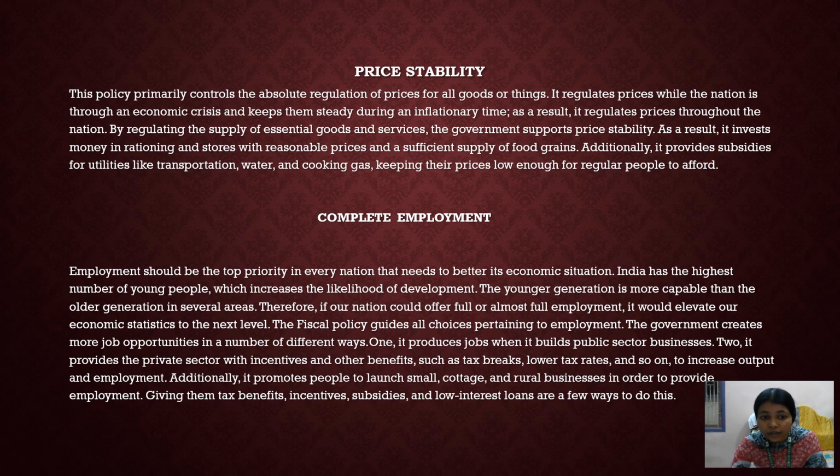The government creates job opportunities in a number of ways. It produces jobs by building the public sector and supporting the private sector with benefits such as tax breaks and lower tax rates. Additionally, it encourages people to launch small cottage and rural businesses by giving tax benefits, incentives, subsidies, and low-interest loans.